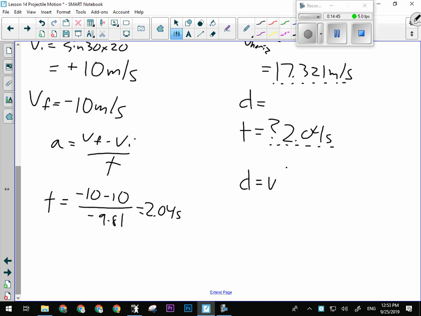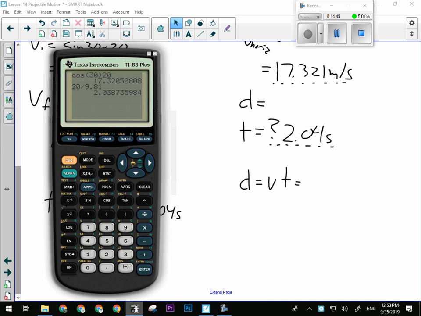D equals V times T. So that'll be 17.321 multiplied by 2.04, which gives about 35. I need to put the center of that pool 35 meters away, and that person will land in it, theoretically. So this is the type of calculation they would have to do.